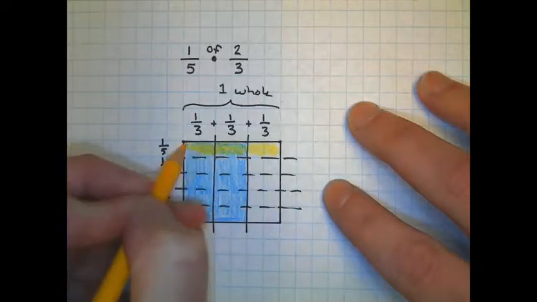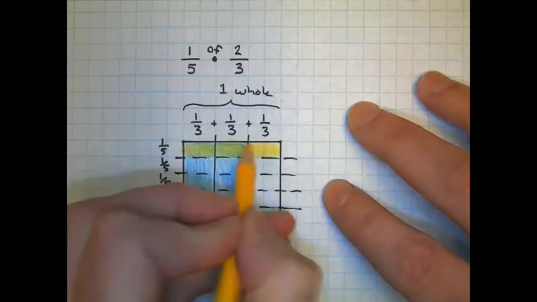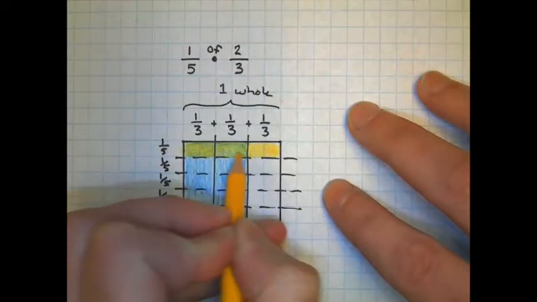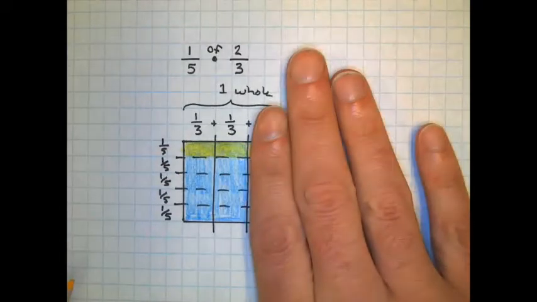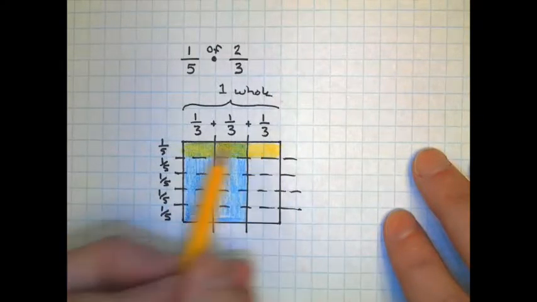And I notice that I'm going to cross over 2 of the boxes that are already shaded in when I created the thirds. So there was my 2/3, and I shaded in a fifth of that.